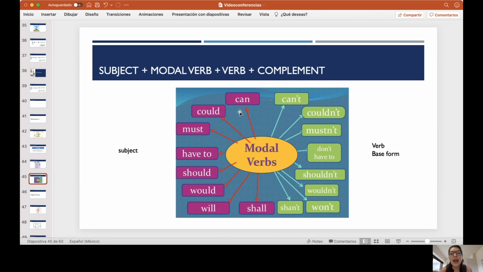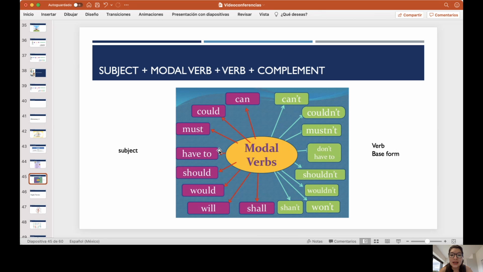Okay, so here we have can and can't, could and couldn't, must, mustn't, have to, don't have to, should, shouldn't, would, wouldn't, will, won't, or shall, shan't. So all these modal verbs have different uses like abilities or possibilities. Also, this could be a possibility. Must is a rule or instruction.